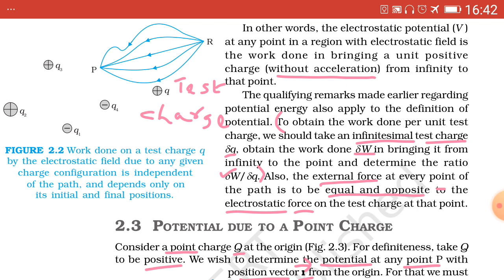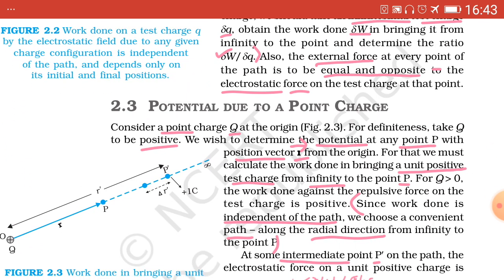To obtain work done delta w, and to determine the ratio delta w upon delta q, which has been tick marked. The external force at every point of the path is equal and opposite. Equal and opposite to what? Equal and opposite to the electrostatic force on the test charge at that point. So this finishes the topic of electrostatic potential.